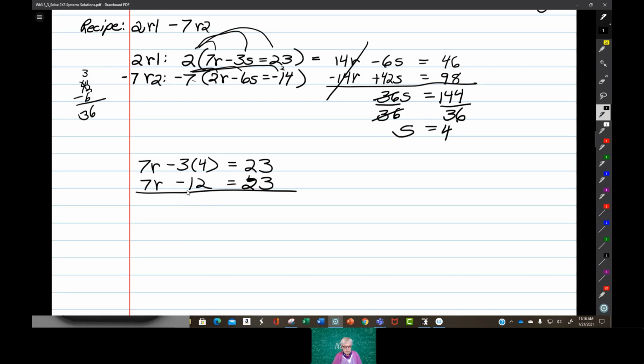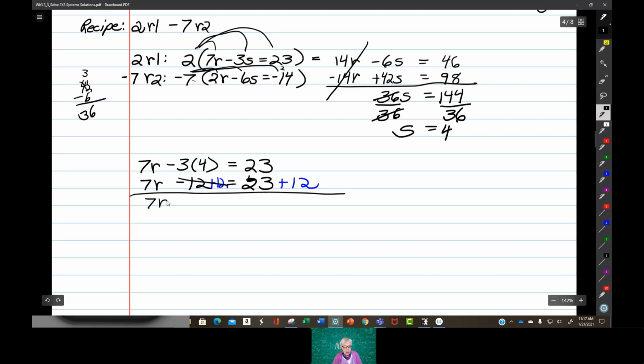Why did I do that? I don't want to do that. Habit. What I want to do is solve for R. So I'm going to add 12 to both sides of the equation. Negative 12 plus 12 is 0.